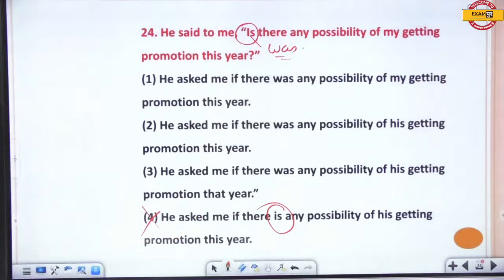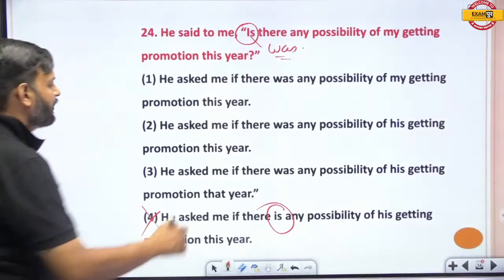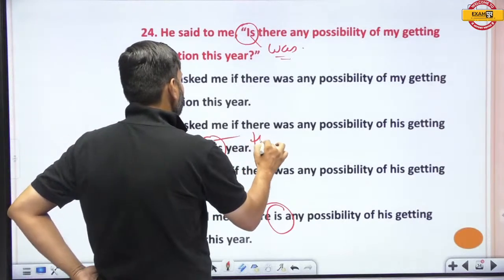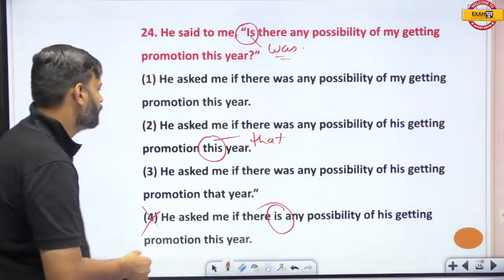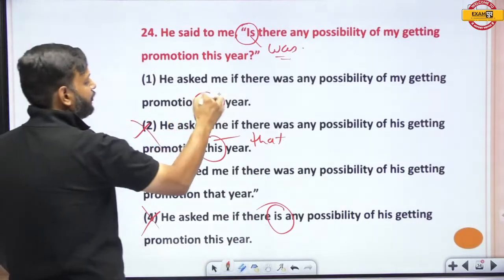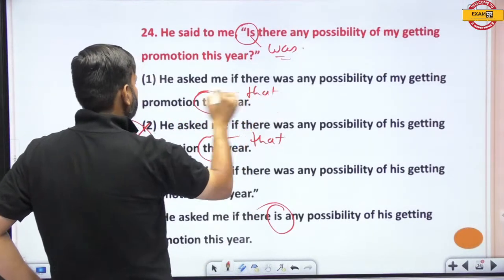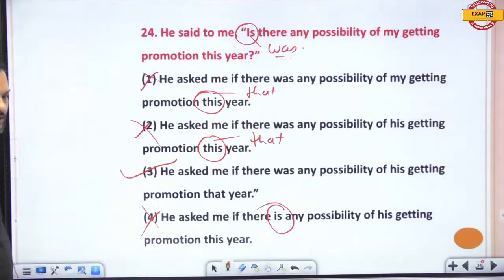He asked me if there was any possibility of his getting promotion this year. So this has to be changed into that. I have already told you, so this cannot be the answer. And here also this has to be changed into that. This cannot be the answer. The correct answer is 3.